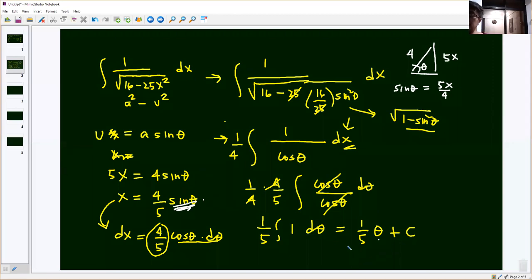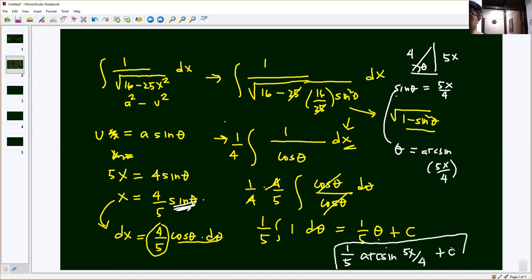So, final answer, 1/5 arc sine of 5x over 4. Pag nabalik na sa x, kumpleto na. Tsaka lang maglagay ng plus c outside to finish the integral.